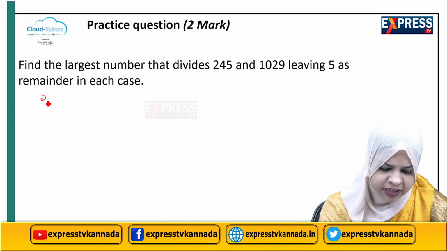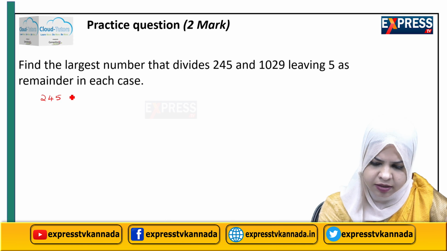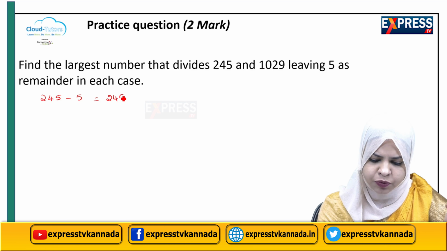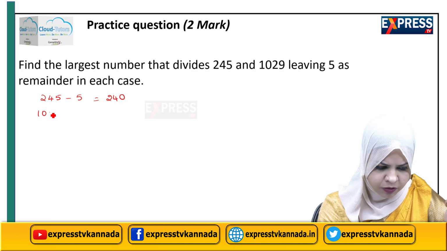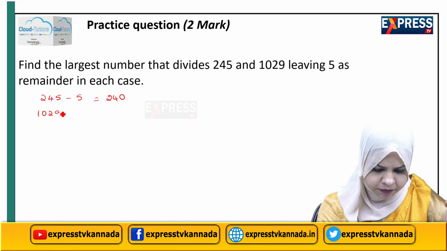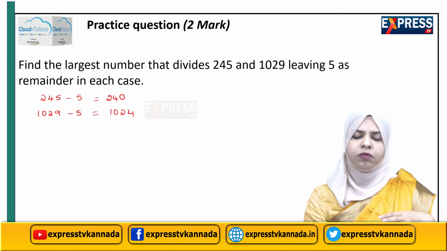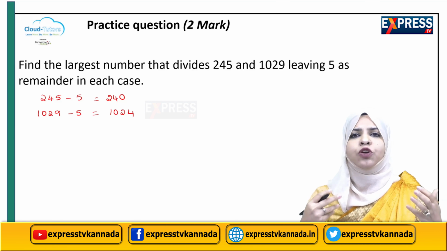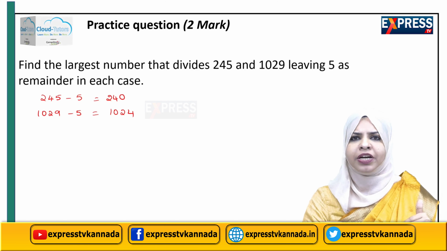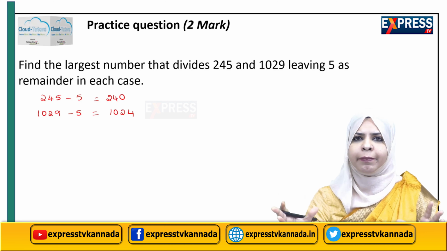If it's giving 5 as remainder, that means 245 minus 5 will be equal to 240, and 1029 minus 5 will be equal to 1024. Now when I divide 240 and 1024, that does not leave a remainder.